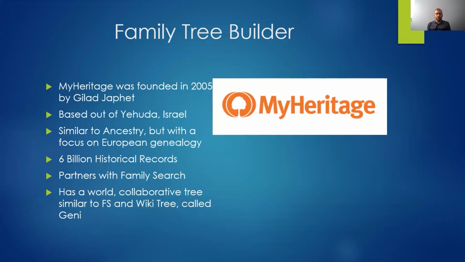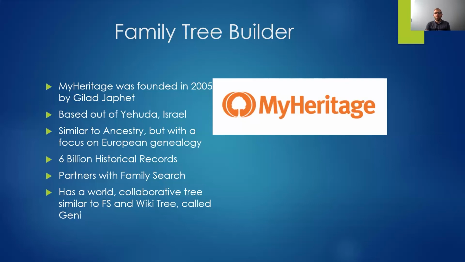They have a collaborative tree that is similar to FamilySearch's Family Tree and WikiTree, and it's called Geni. And then they also have a website-based program within their website, and it's called Family Sites. So I'll be talking some more about this shortly.